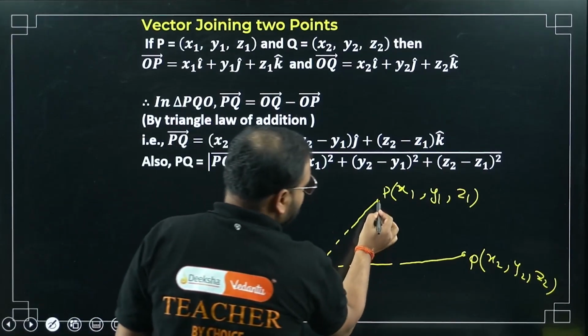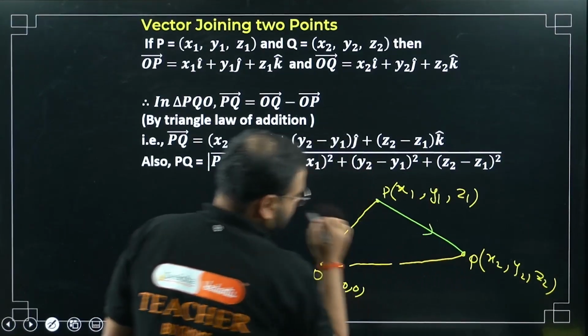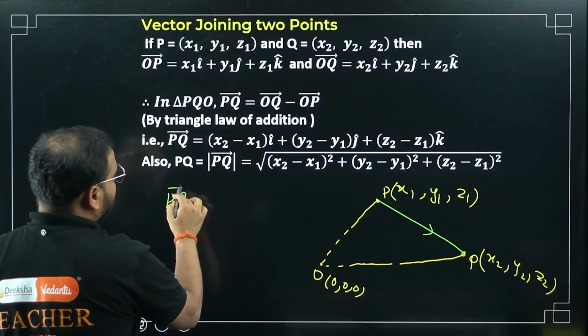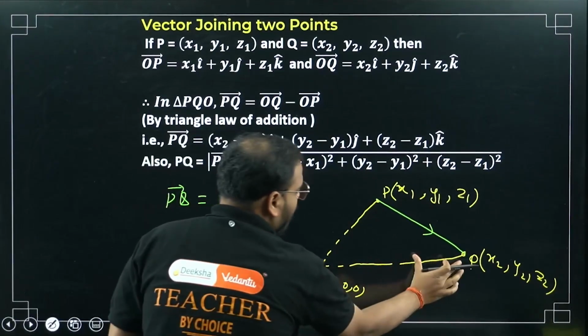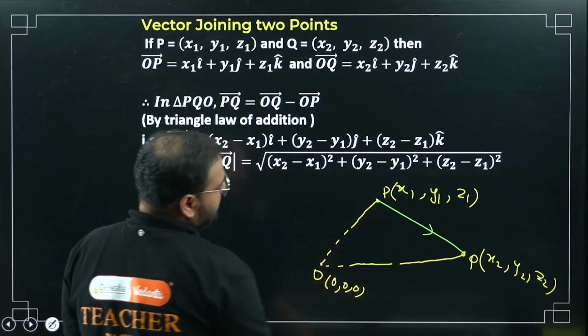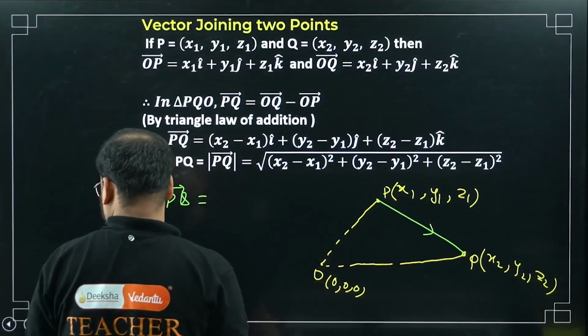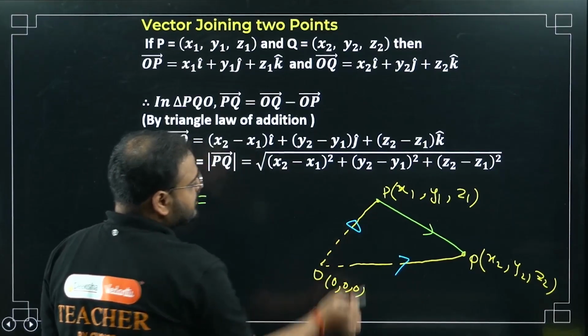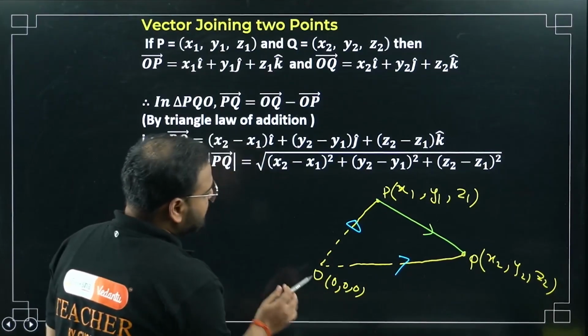You're going to get PQ by joining this. So the vector PQ will be given by OQ minus OP. How come, sir? By the triangle rule of addition. Please check.